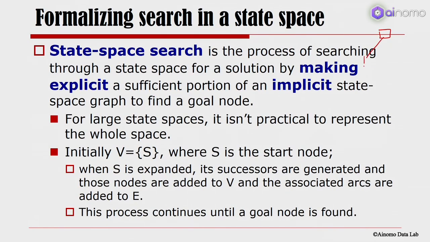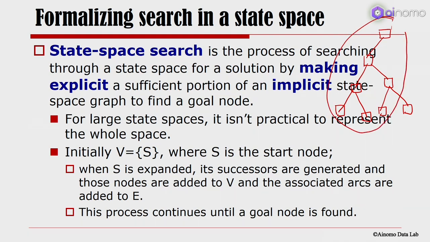Now, one needs to remember that we do not generate the complete graph when we are looking for a solution under this idea of problem solving. We keep on generating the graph as we keep on exploring for the solution. So, it is the process by which you search through a state space by making explicit only a sufficient portion of an implicit state space graph to find a goal node.